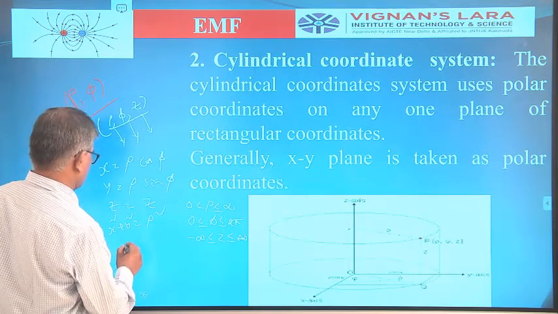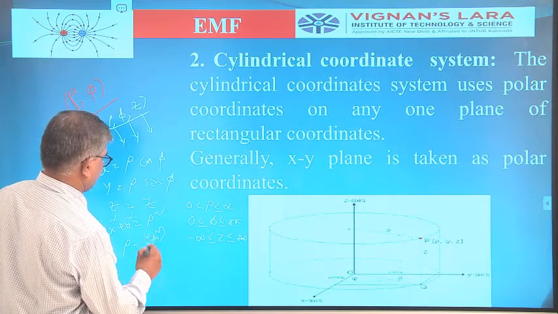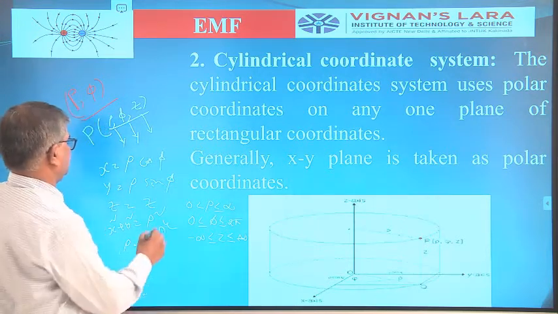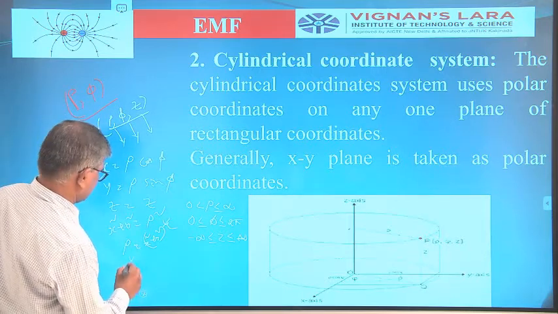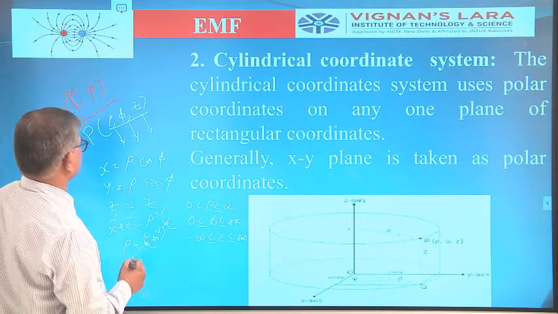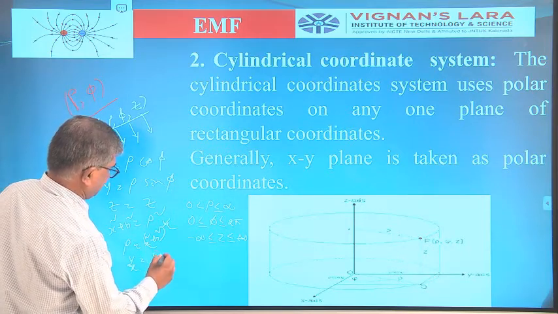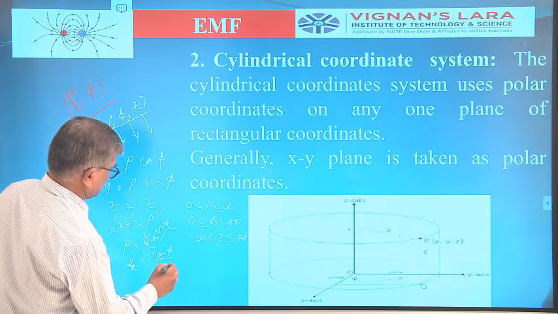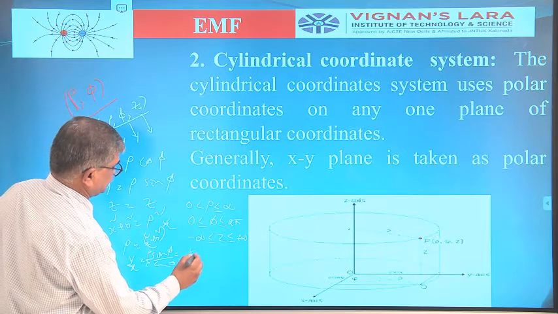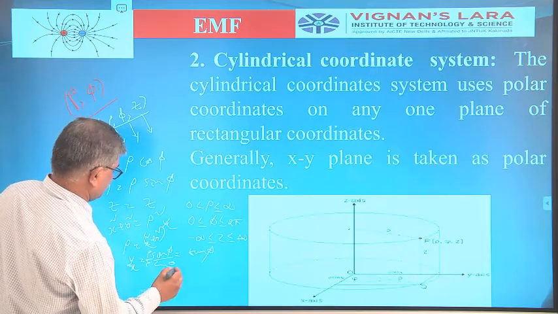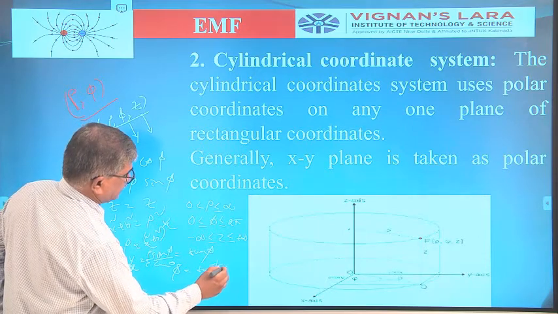So rho equal to x square plus y square to the power half, and y by x equal to rho sin phi by rho cos phi, sin phi by cos phi is equal to tan phi. So phi equal to tan inverse y by x.